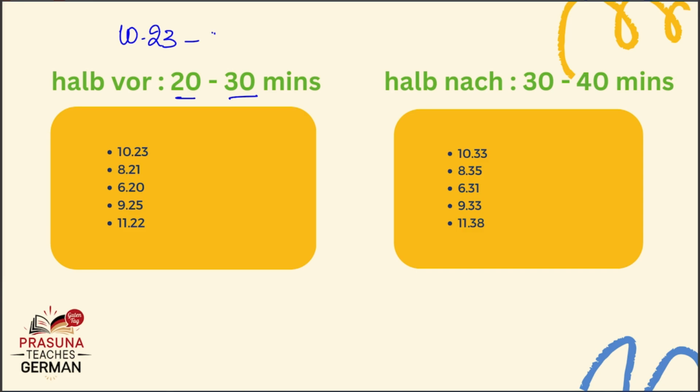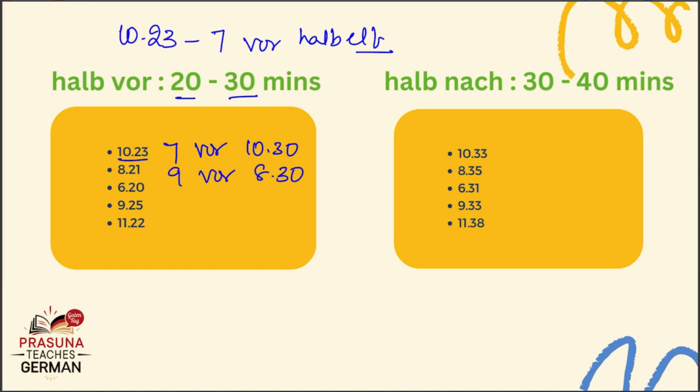So 7 in German is sieben, before is vor, and 10:30 we just learned is halb elf. So 10:23 is 7 vor halb elf.